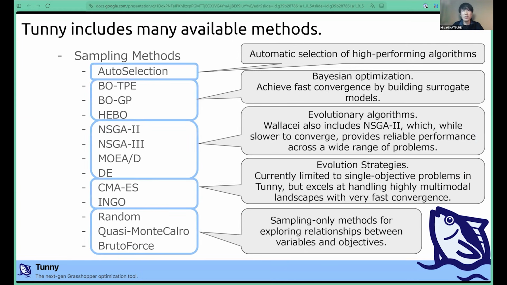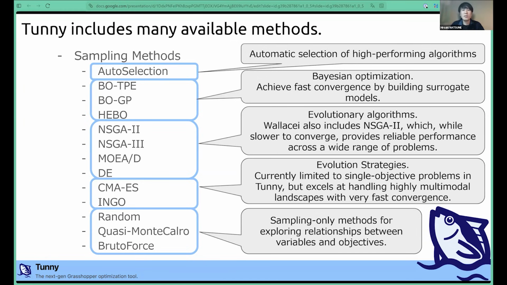Let me explain the key characteristics of each sampling method category. Auto-selection provides automatic selection of high-performing algorithms based on your problem. Bayesian optimization methods like BoTorch and HEBO achieve fast convergence by building a surrogate model of your design space.